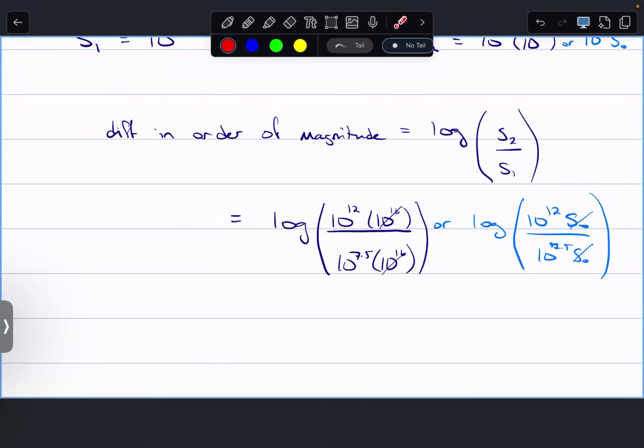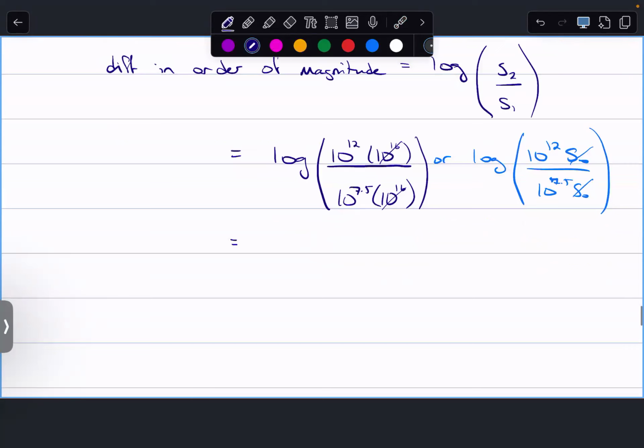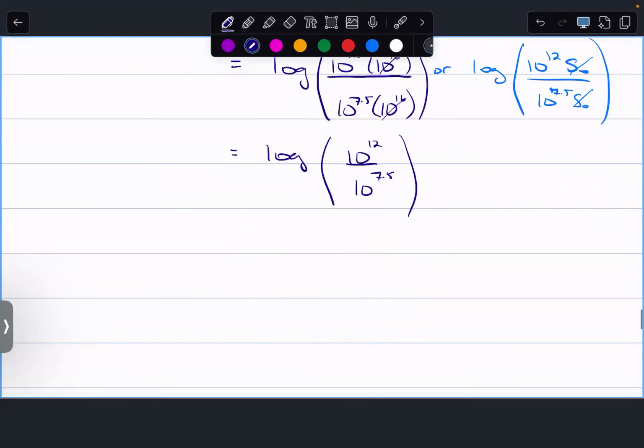Doing the same thing to the denominator now. Either way, if you just use a bare bones S naught or 10 to the 16, they're going to cancel, and we're going to be at 10 to the power of 12 over 10 to the 7.5. No matter how you got there. I can simplify this.